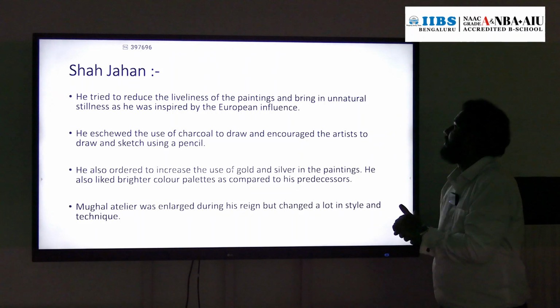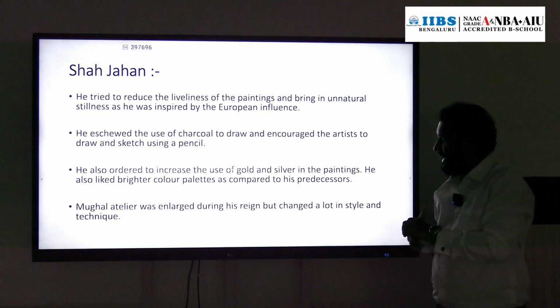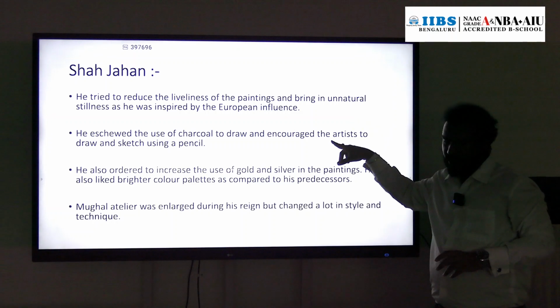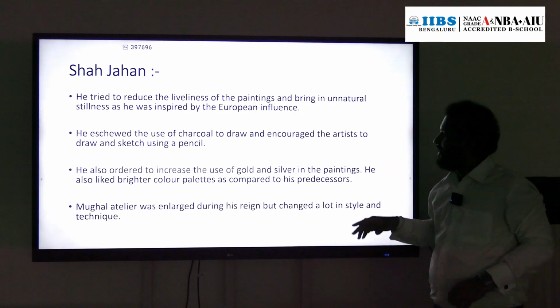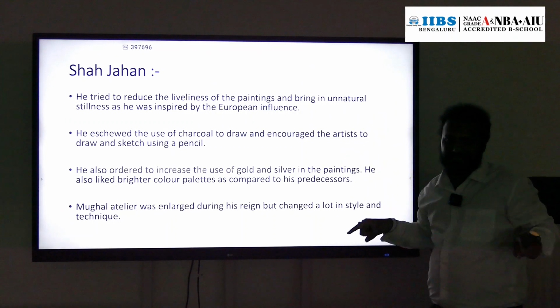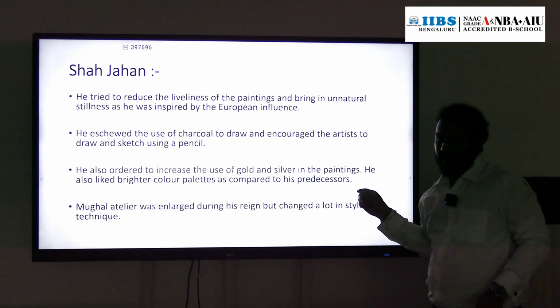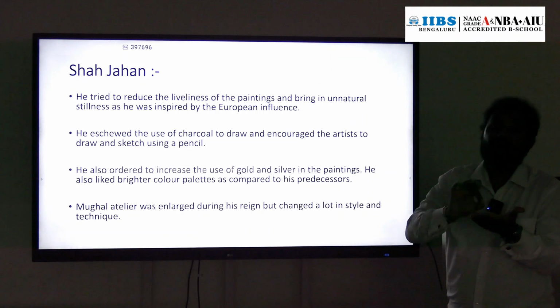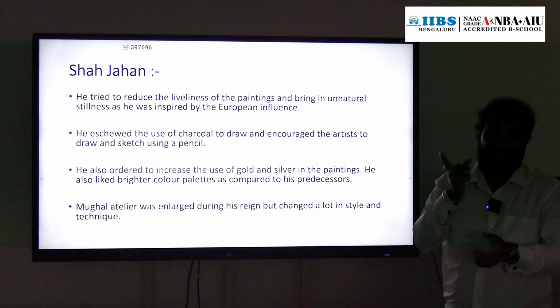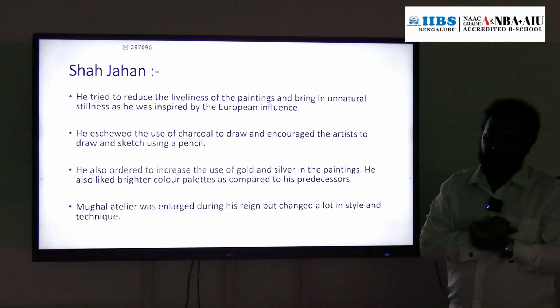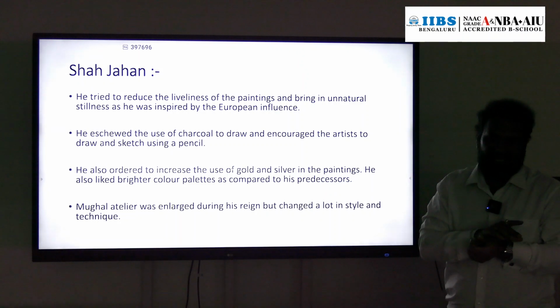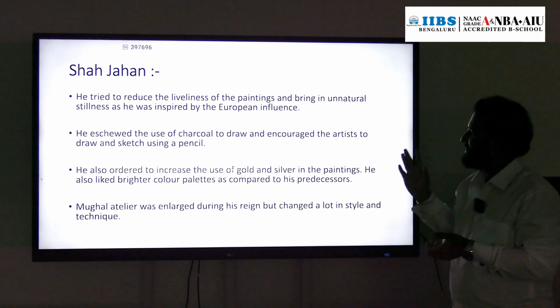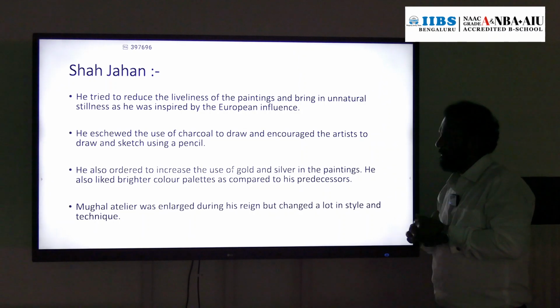Why? Because of European influence, and he gave importance to the usage of charcoal to draw the outline. Most of the paintings are drawings or sketches rather than colorful ones. We have seen colorful paintings during the time of Jahangir and Akbar, but here there are sketches, also using pencil.